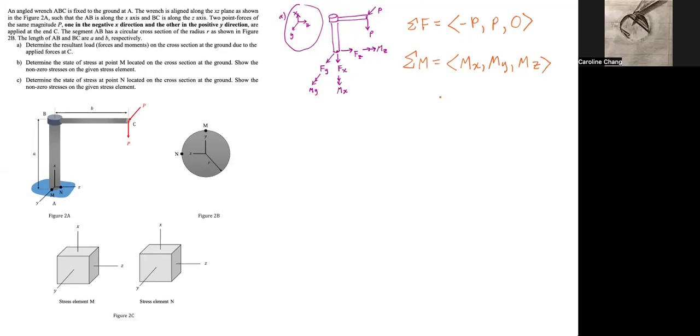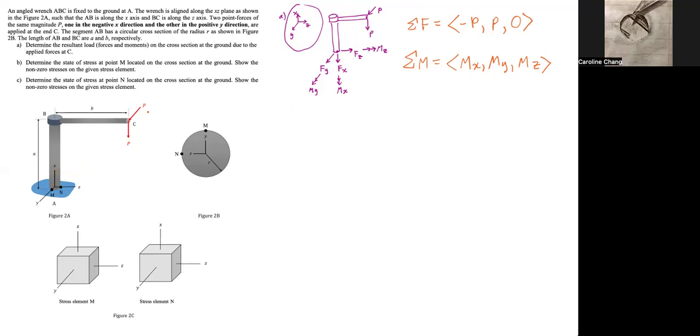So let's look at the Mx direction. What is going to cause a moment around this direction? By our right-hand rule, a moment in this direction will be pointing upwards, so it will be our positive Mx.